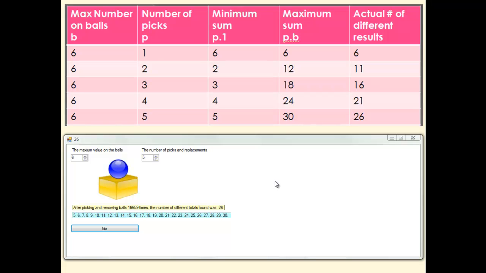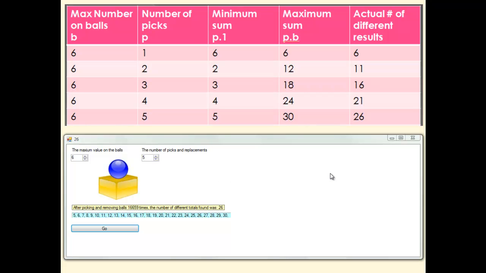Now, we wanted to get a formula, a rubric, and we did achieve one. So we could, knowing the maximum value of the balls and the number of picks and replacements, find what the answer should be to the number of different totals found. In this case it should be 26, and we saw that from a table which you can see above.